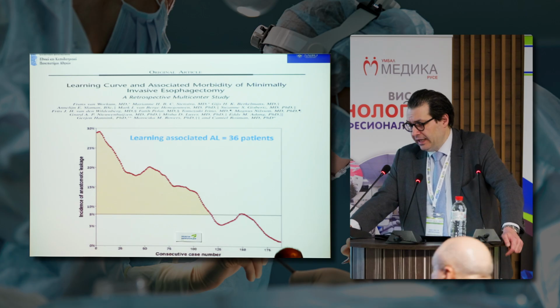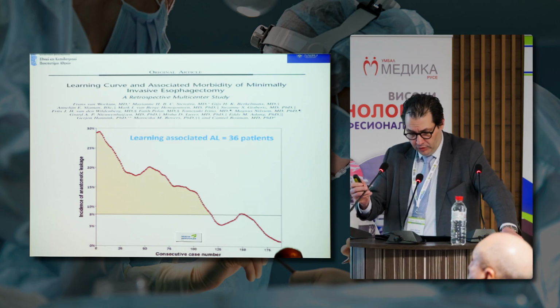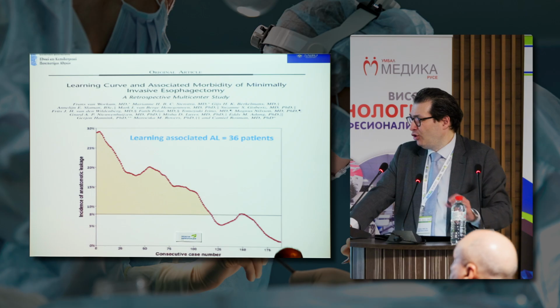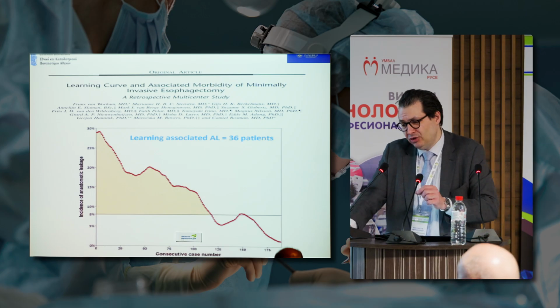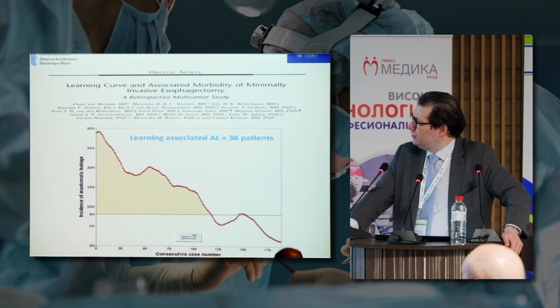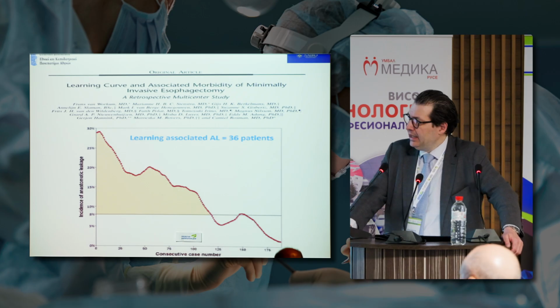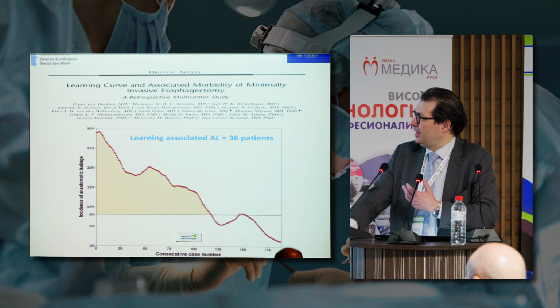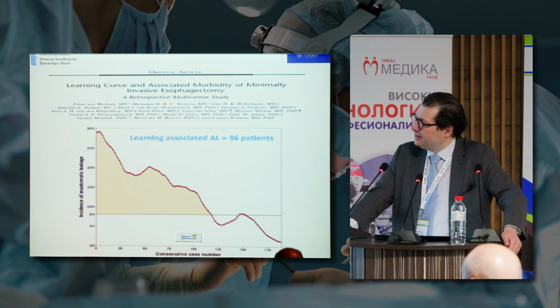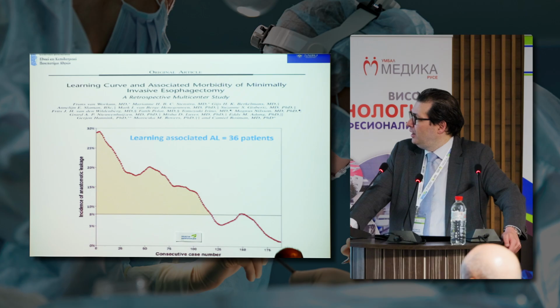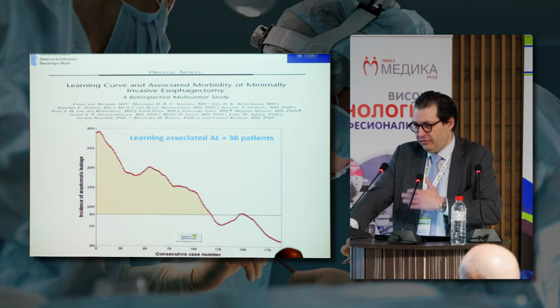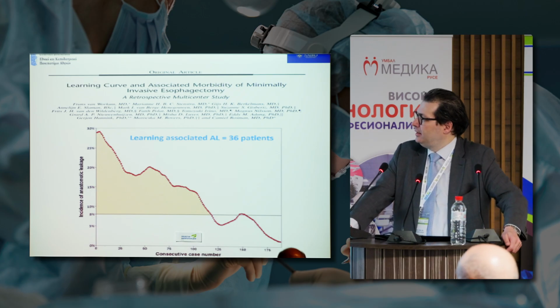What we all have to keep in mind and remember is that there is a cost that our patients have to pay during our learning curve towards minimally invasive esophagectomy or robotic esophagectomy. And these are the anastomotic leak cases in excess that we all have during the learning curve and during the time that we catch up to the results of anastomotic leak of the open operation.